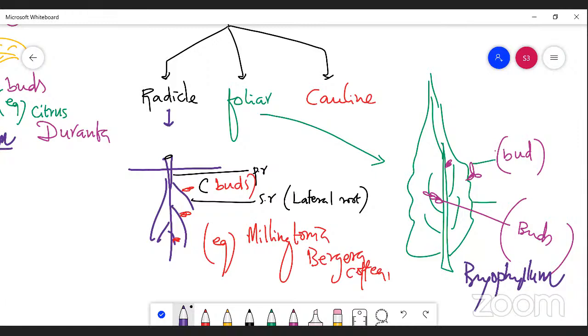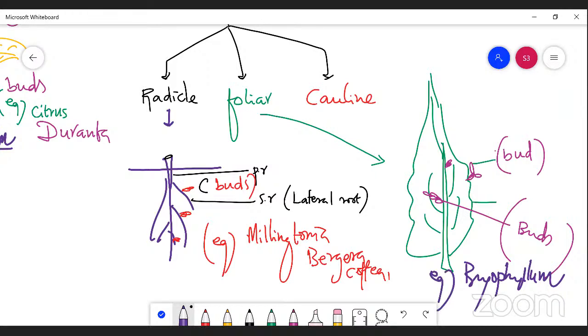Generally buds originate at the terminal or lateral axillary part of the plant. Here, the bud which arises from the margin of the leaf or middle portion of the leaf, which means the veinal region, is called a foliar bud.